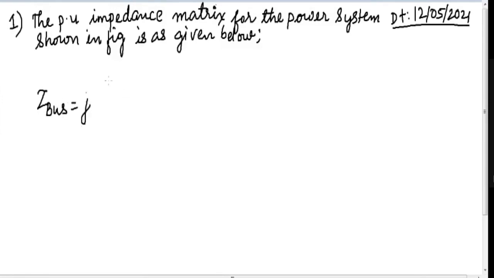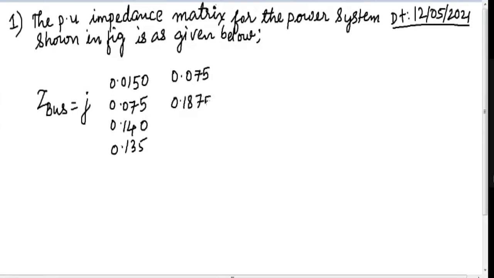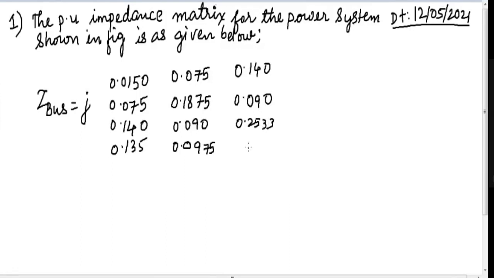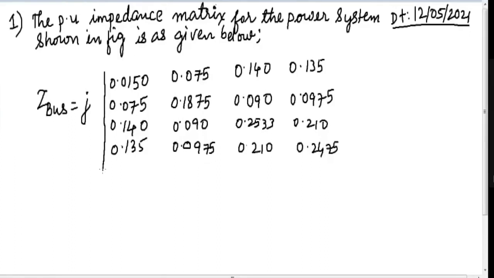ZBus is equal to j in common, then 0.0150, 0.075, 0.140, 0.135, then 0.075, 0.1875, 0.090, 0.0975, then 0.140, 0.090, 0.2533, 0.210, then 0.135, 0.0975, 0.210, and 0.2475. So this is the ZBus which is given to us.